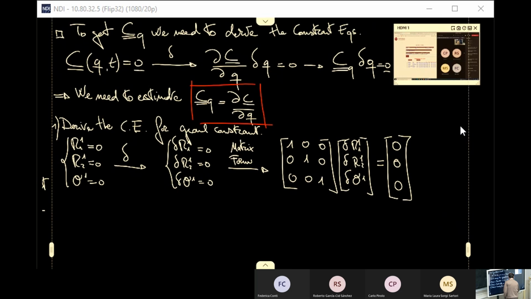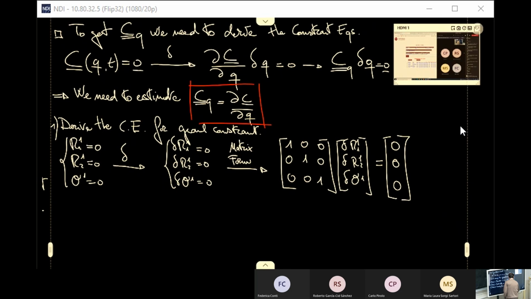Okay, now let's go with the second one. What are we going to do here? You see, I'm deriving the first one, then we're going to go through all the hinges. Why? Because doing this, you see, this is delta Q1. And you could call this CQ, the Jacobian of only the first body.